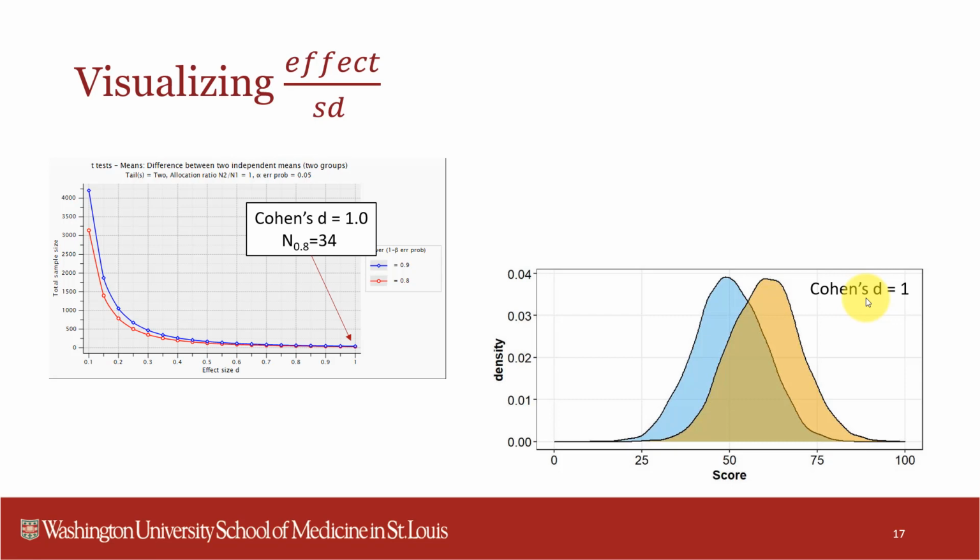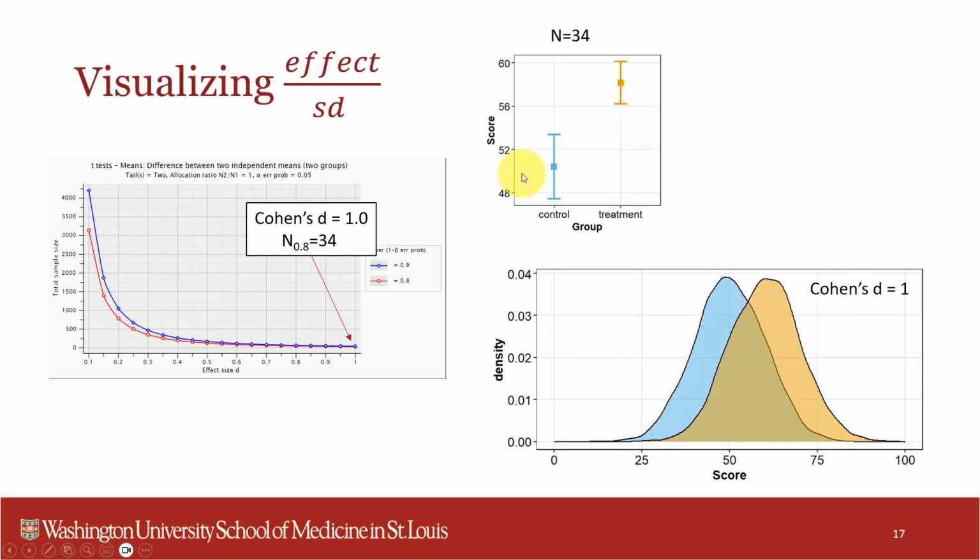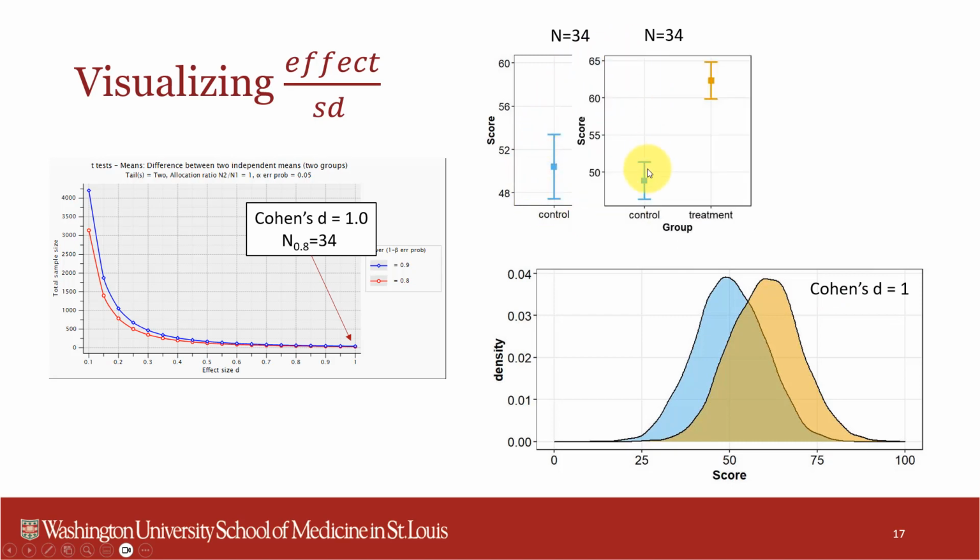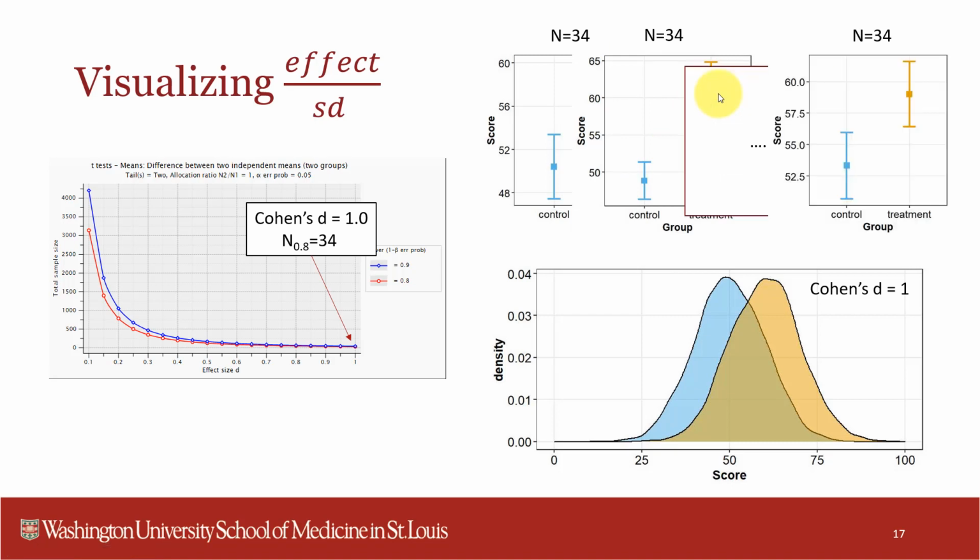What this means is, if I now draw a random sample of 34 people, I'll pretty reliably get separation between those two groups. If I take another sample, I'll get that separation. And if I kept taking samples, basically across samples, I'm going to pretty reliably see this difference if I take samples of at least 34 people per group.